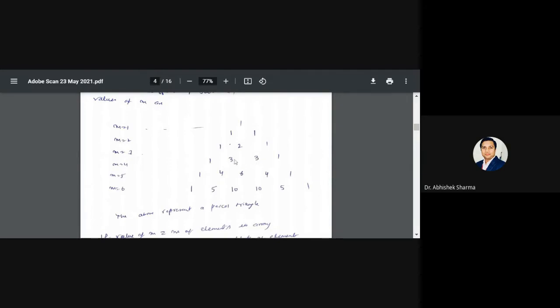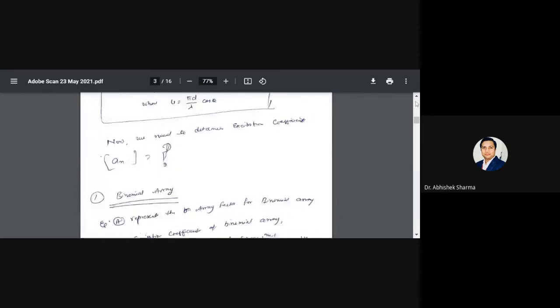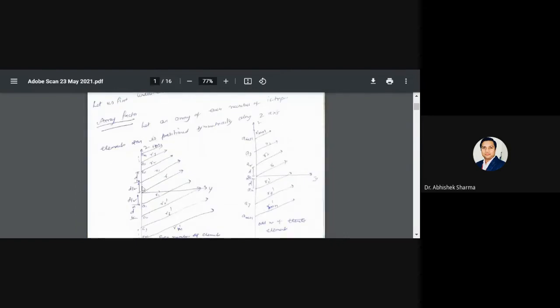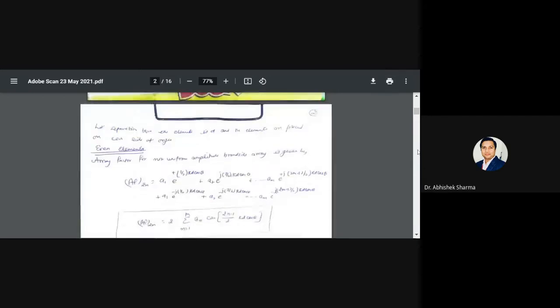Why a1 is equal to 3? Because if you see this diagram, this is a1 and this is a1, origin is 0. So this a1 is equal to 3, a1 is equal to 3, a2 is equal to 1 and a2 is equal to 1.